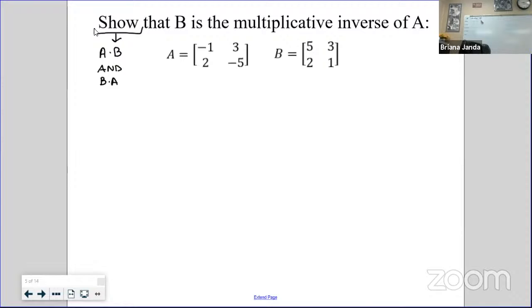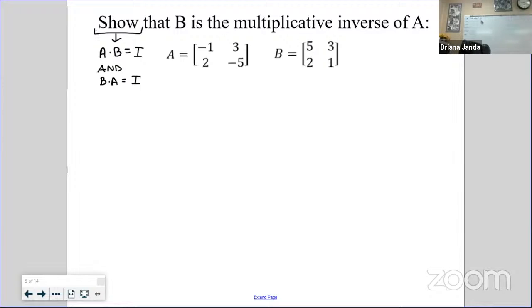And remember, when we're proving, we should show more than when we're just doing a problem and figuring it out, because the whole show part is our proof, right? When we do these two things, we should get the identity matrix, a matrix that just has a diagonal of 1s with zeros everywhere else.